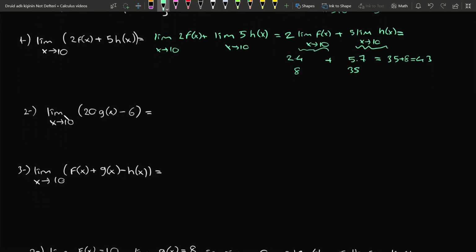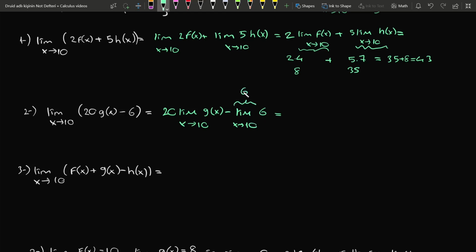Now I have another question, the limit of 20g(x) minus 6 as x approaches 10. Let's separate these and take the 20 outside of the limit. So it should look like this, minus the limit of 6 as x approaches 10. I know that this is equal to 6 already.